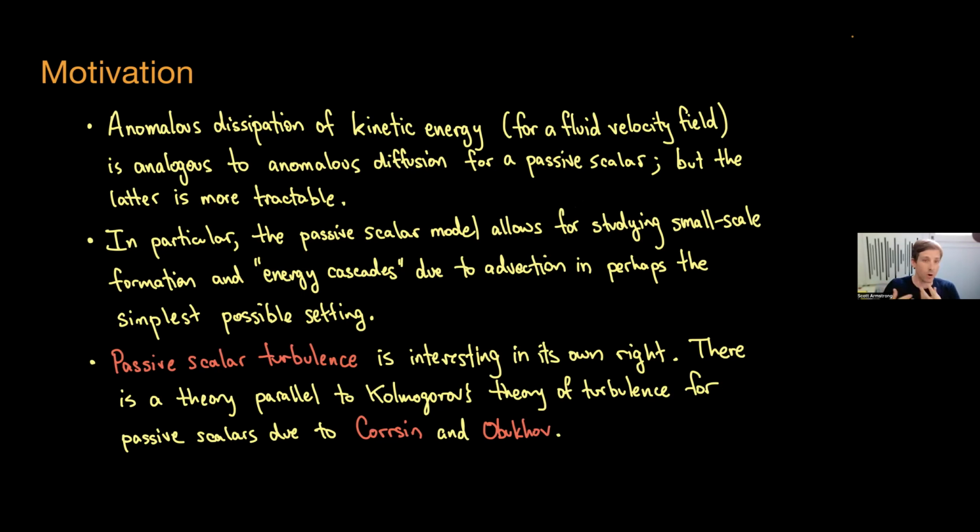There's still something nonlinear going on, because you want to understand how the large wavelengths, low frequencies get pushed into small wavelengths, high frequencies. You have to understand that somehow. But at least for the passive scalar, if you're given the vector field and trying to deduce properties of the scalar from it, it seems easier.